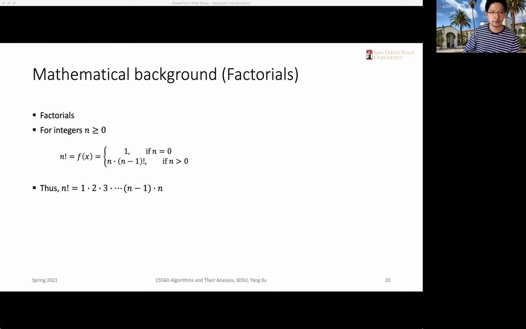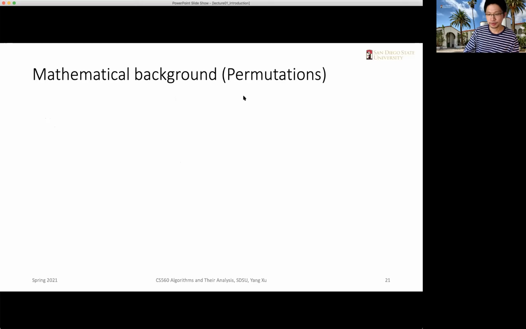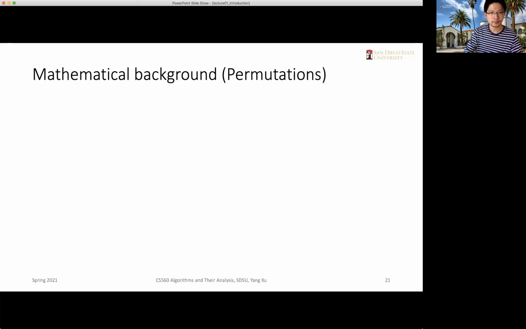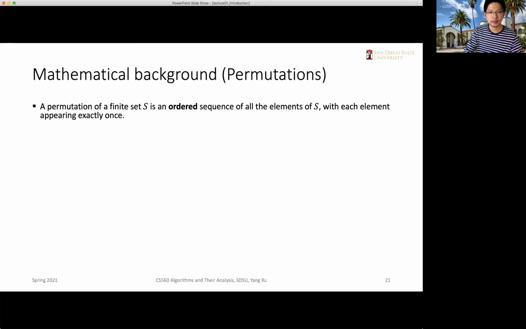All right, so factorial, which we already saw two slides ago when we defined the natural base of the natural logarithm, we will use very often in the future. Then in the last two slides, we'll look at permutations. A permutation is an operation defined on a finite set.